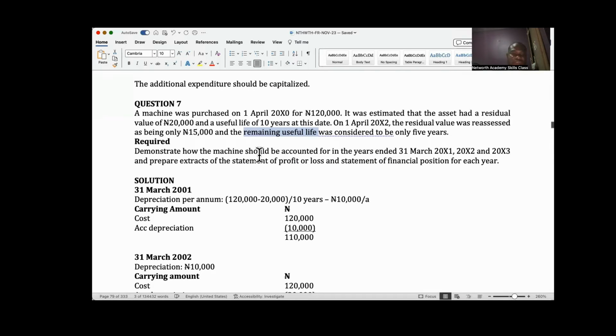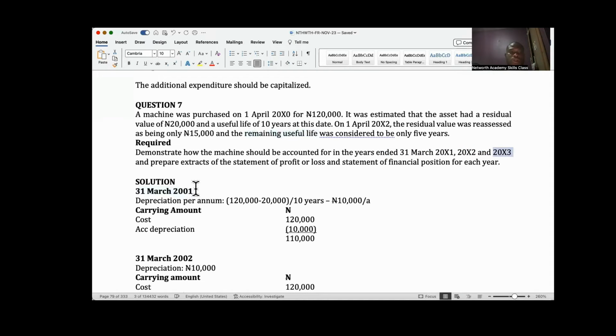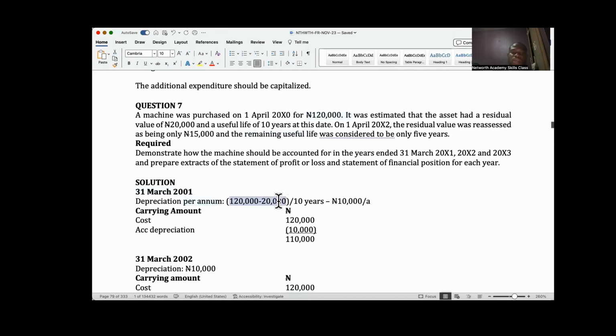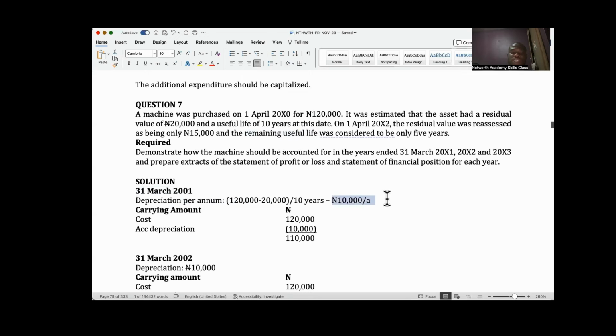First thing, I started from year 1. Since they asked me to calculate how the machine will be accounted for in year 1, year 2, and year 3. So in year 1, my depreciation first is going to be this 120,000 minus the residual value, which is 20,000, divided by the useful life of 10 years. That gives me depreciation per annum of 10,000.